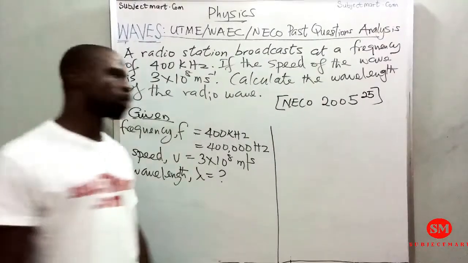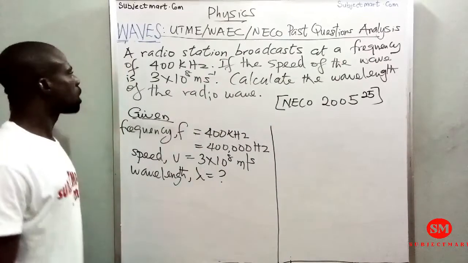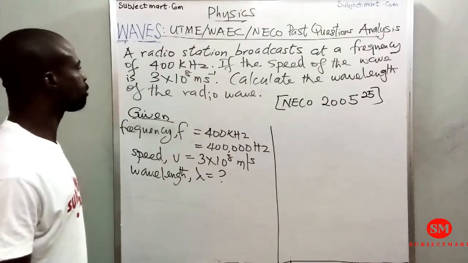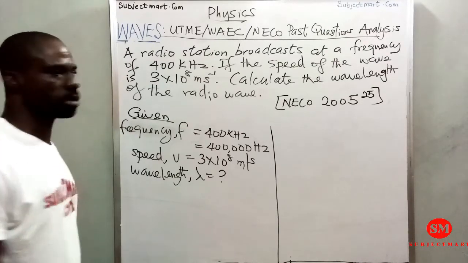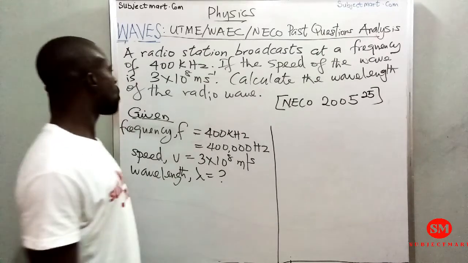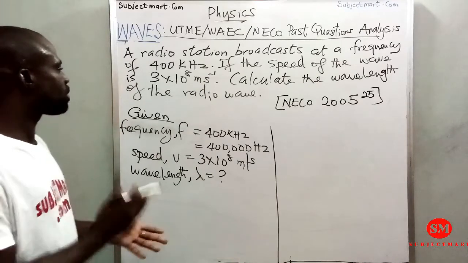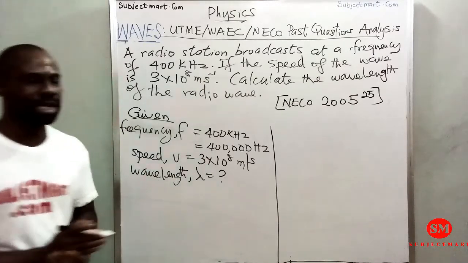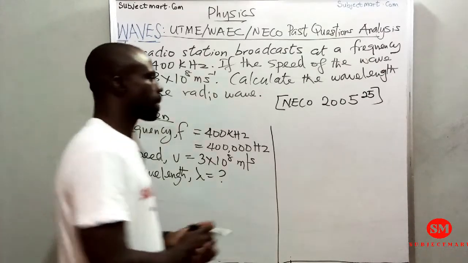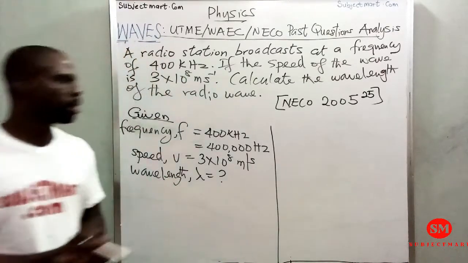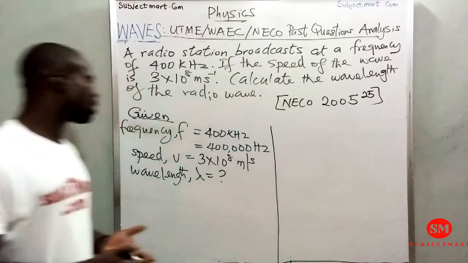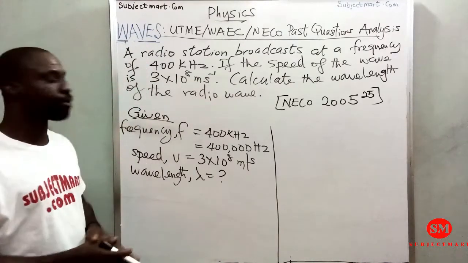On waves is another question, which says a radio station broadcasts at a frequency of 400 kilohertz. If the speed of the wave is 10 to the power 8 meters per second, calculate the wavelength of the radio wave. This is taken from NECO exam 2005, number 25. Now let's solve it. What are we given? Number 1, we are given the frequency, which is 400 kilohertz.